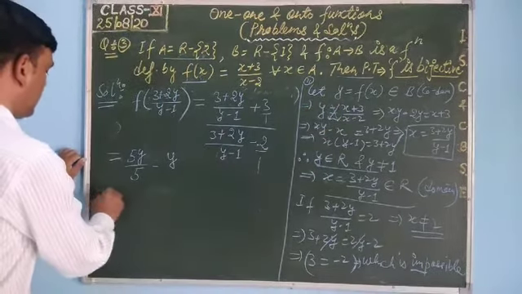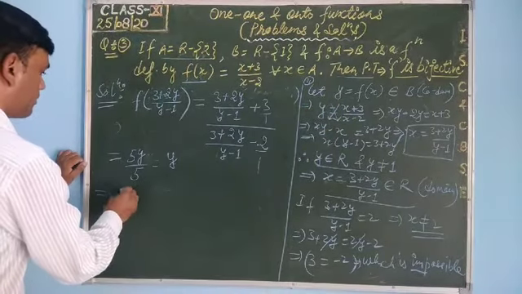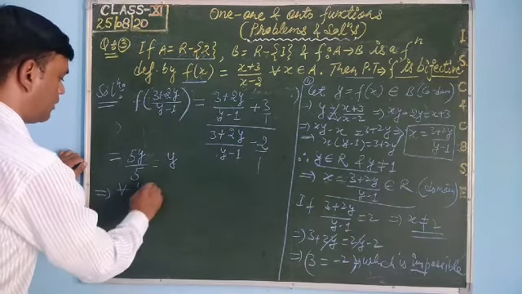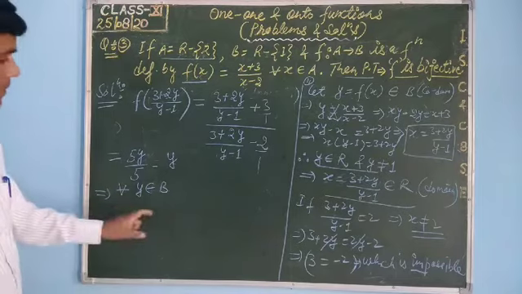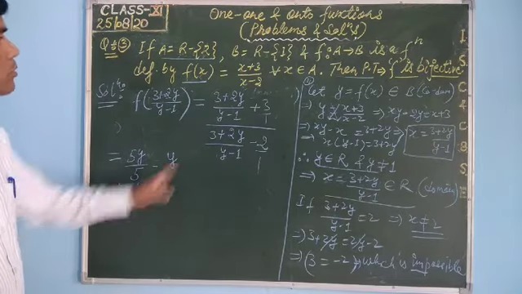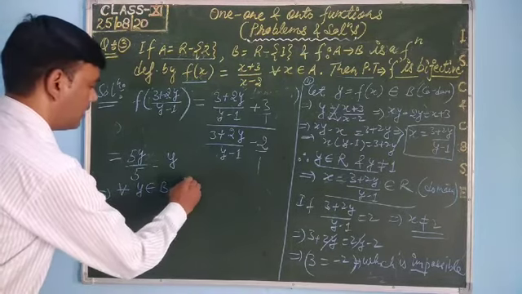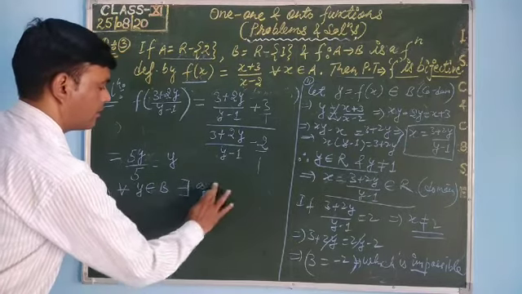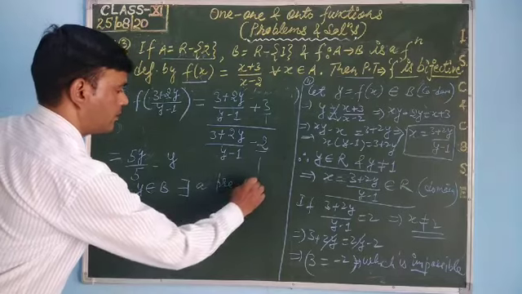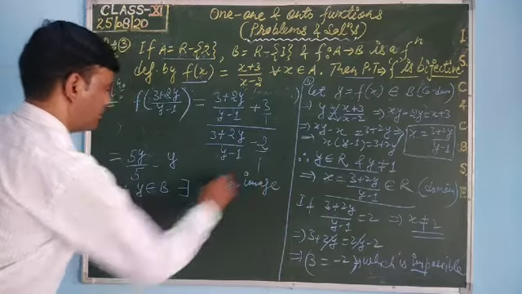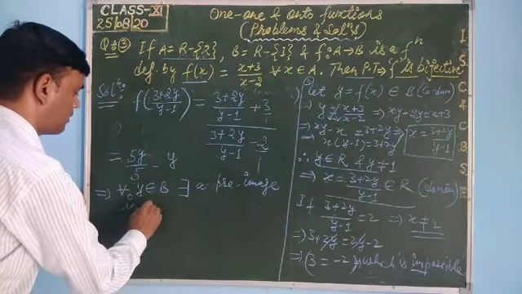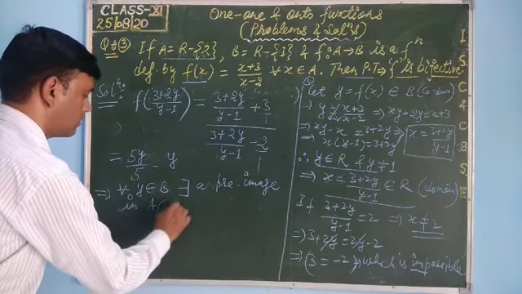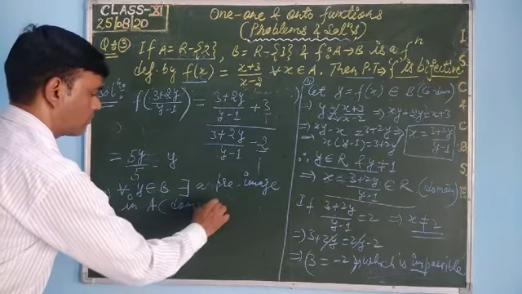This implies that for every y belonging to B, it means for every element belonging to codomain, there exists a pre-image in A, that is, the domain.